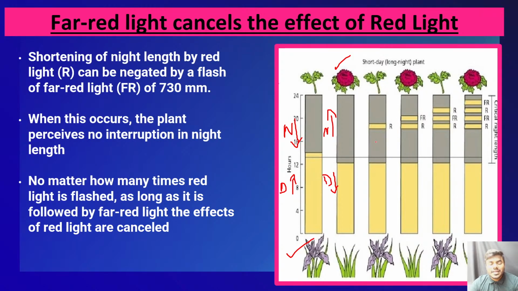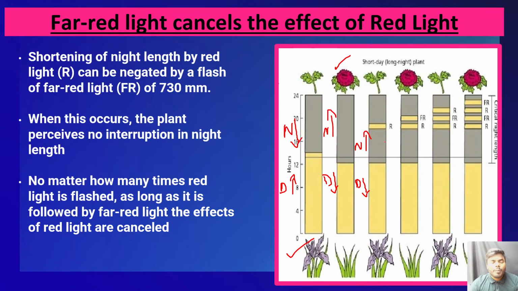What you have to understand in the third condition, originally which is more, you have to remember this, night is more, day is less actually. But still night is more, originally short day plant has to flower, but it is not happening. Why?